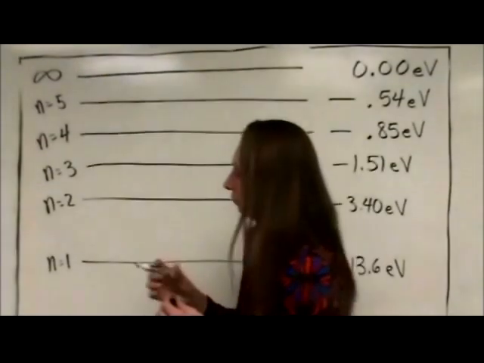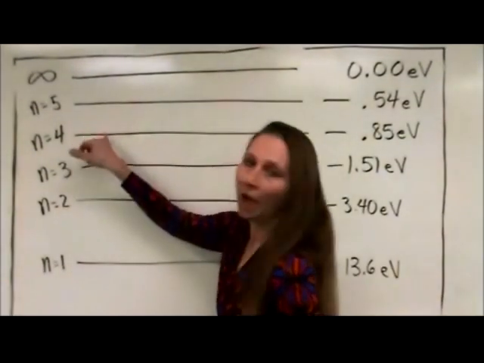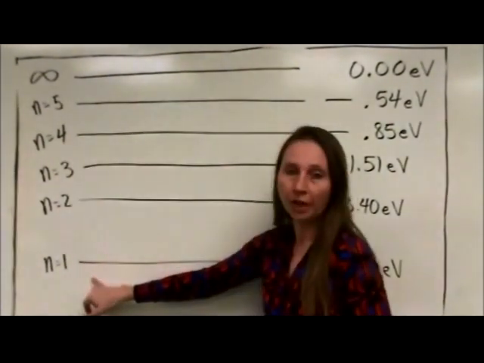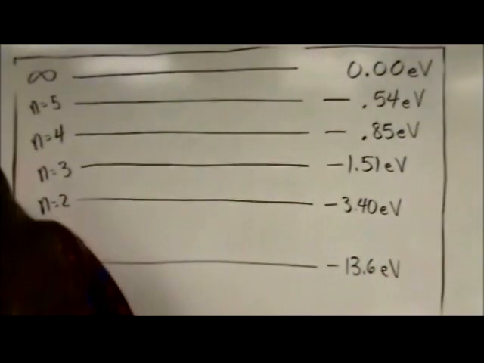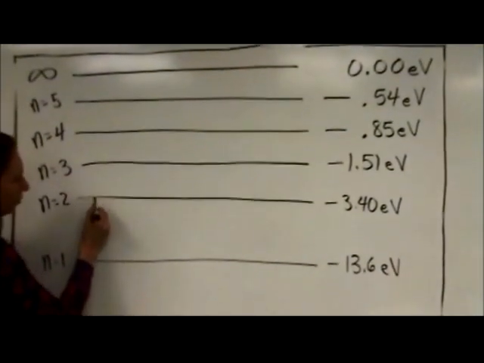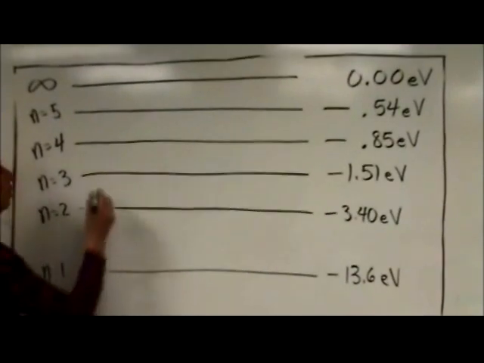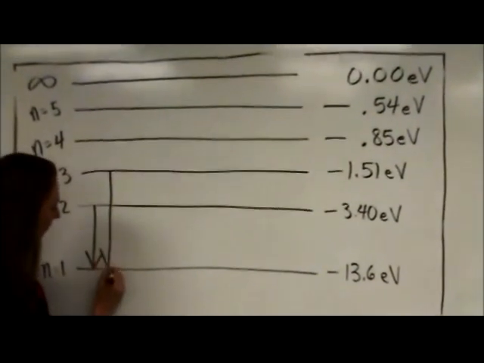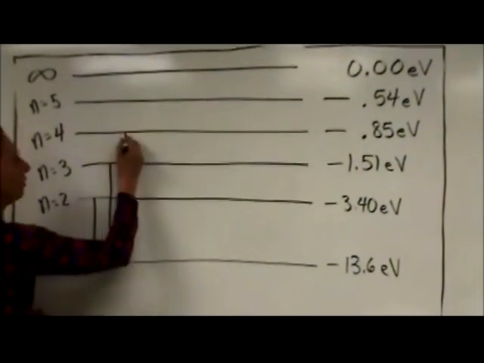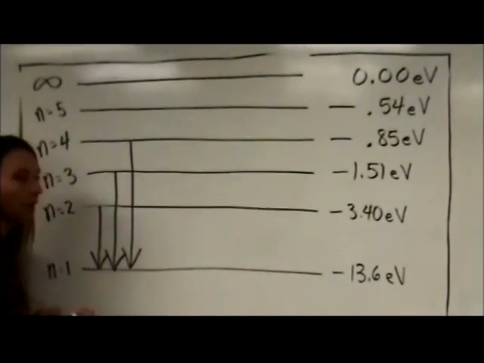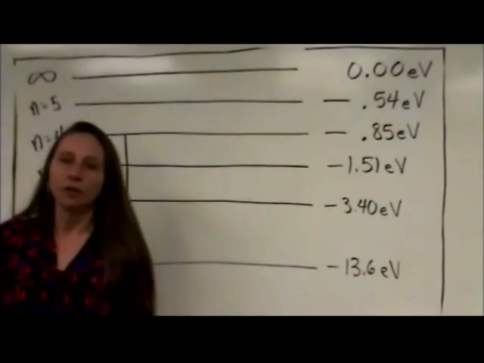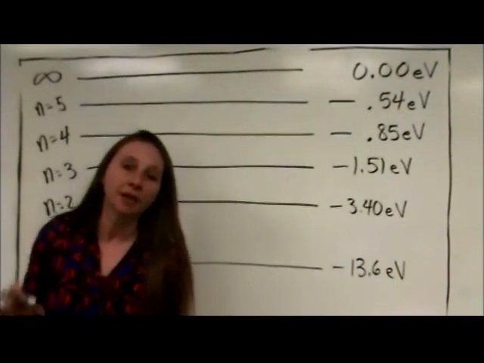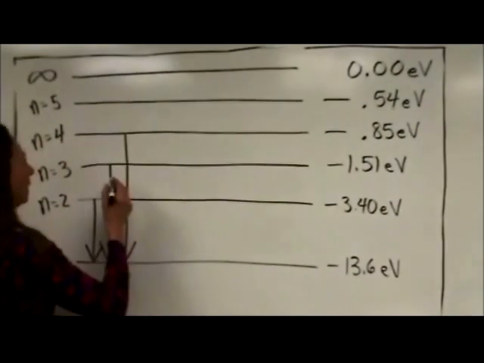When electrons fall from higher energy levels to the first energy level, for example, from n equals 2 to n equals 1, or from n equals 3 to n equals 1, or from n equals 4 to n equals 1, the type of light that is emitted is ultraviolet light.